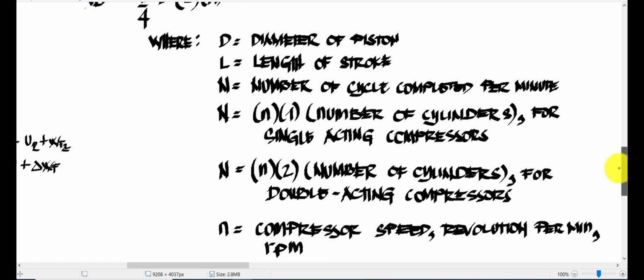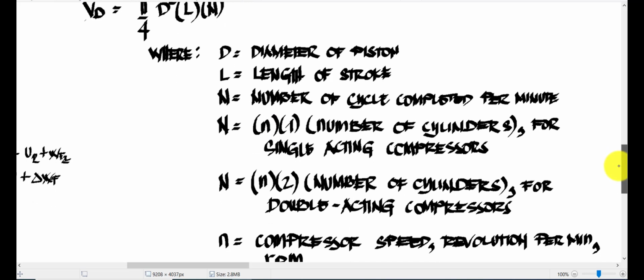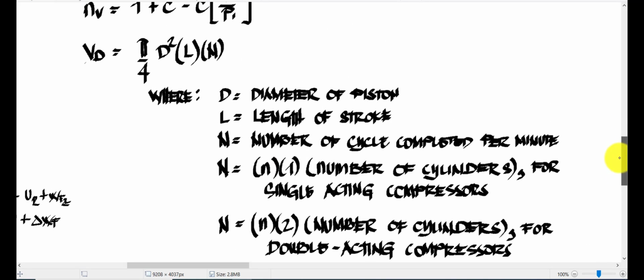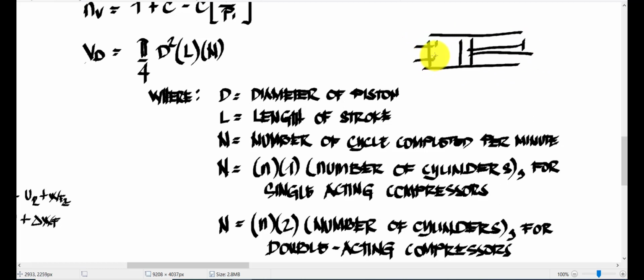Now for a compressor that is double acting, usually the arrangement is, if you have your piston here, you have the suction here, and also another displacement for suction and compression on this side. You have a suction volume here, and also other valves here.